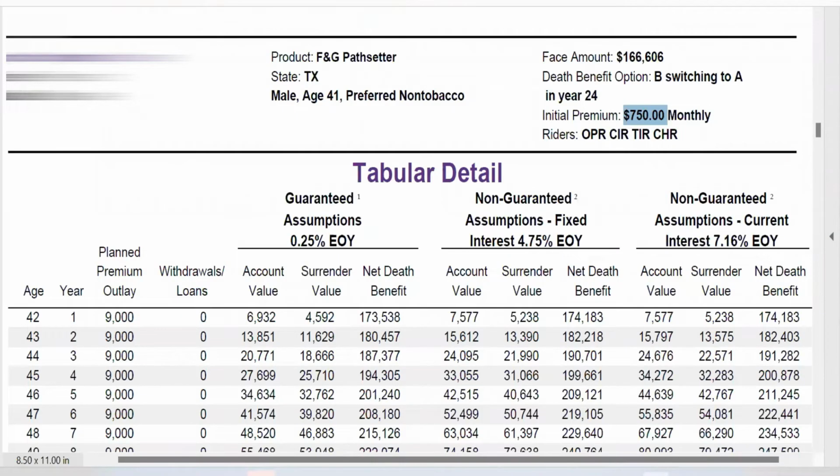So Brian is one of my clients. In this example, you can see he's going in for a death benefit of $166,000. The reason for the lower death benefit is that his focus is retirement income. He's not into passing on a huge death benefit.